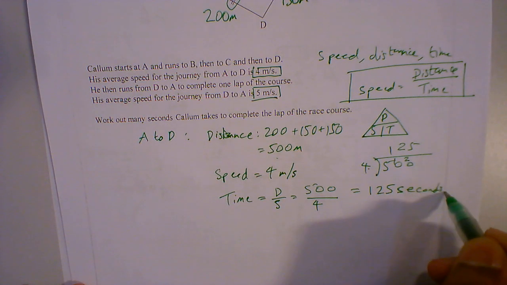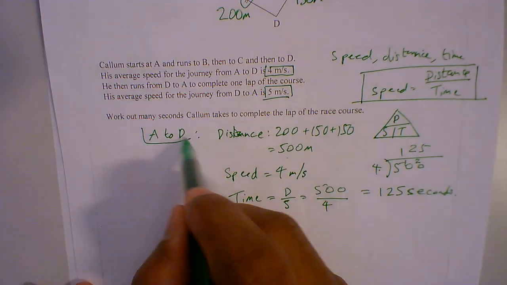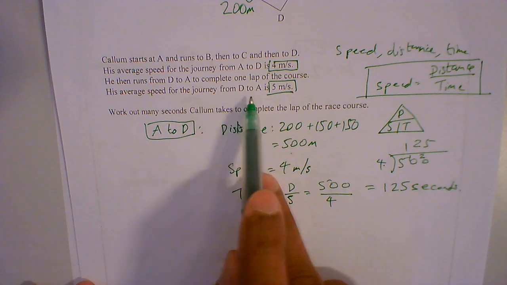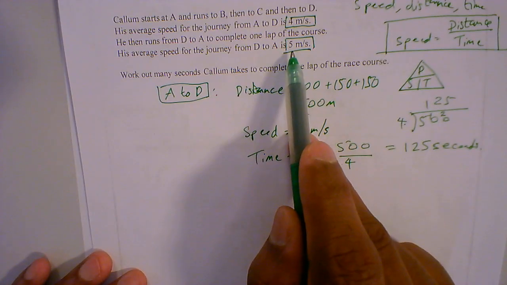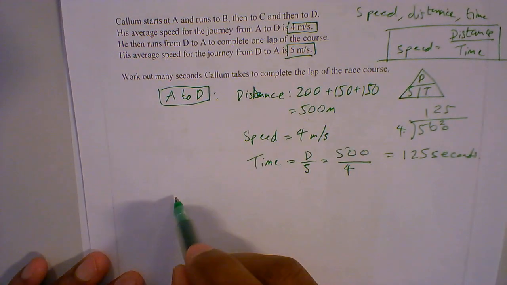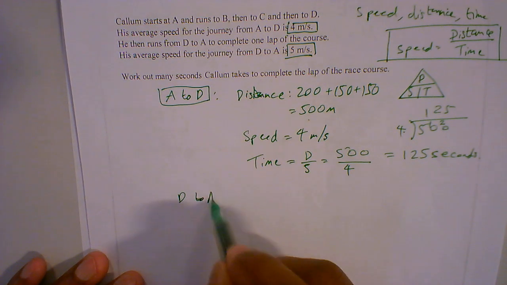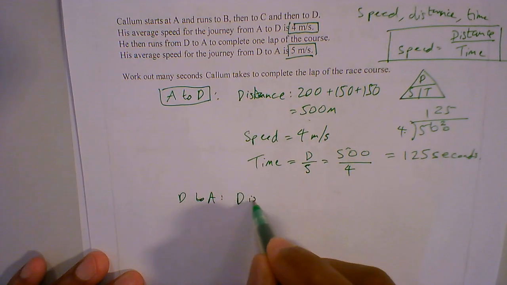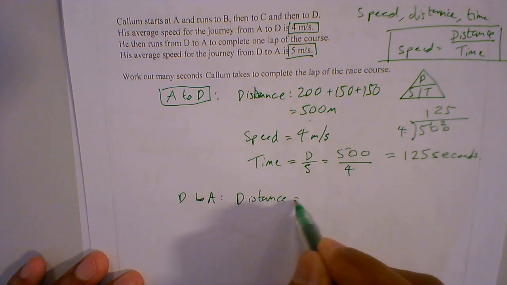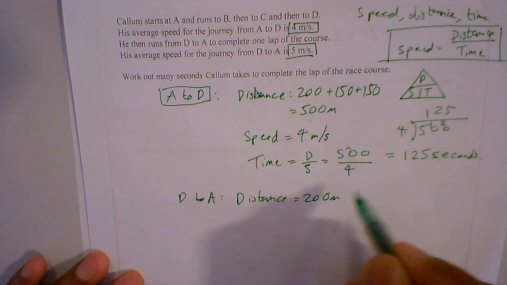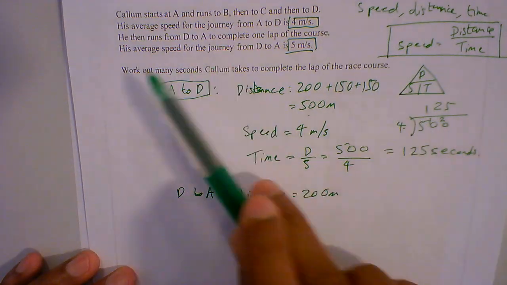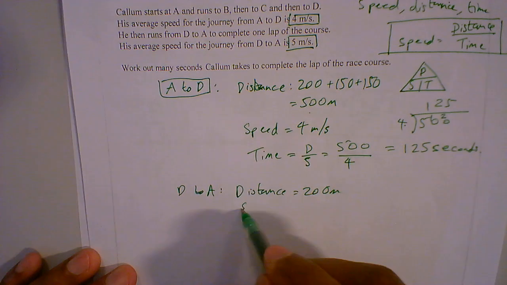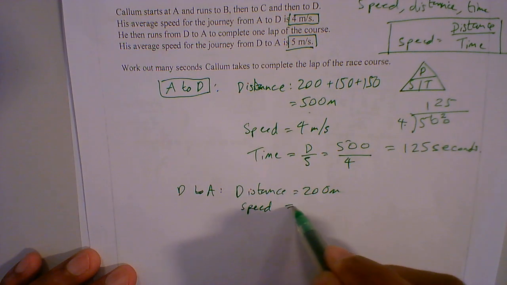So that's A to D. His average speed for the journey from D to A is 5 meters per second. I'm going to do the next part now. D to A, so the distance is 200 meters, and speed is 5 meters per second.